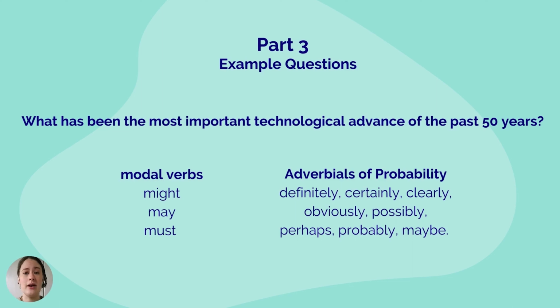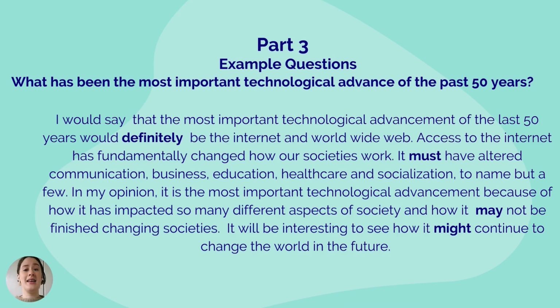So, when I read that question, some grammar structures come to mind. For example, modal verbs, such as might, and adverbials of probability, for example, definitely or certainly. Here's the model answer with the different grammar points highlighted.